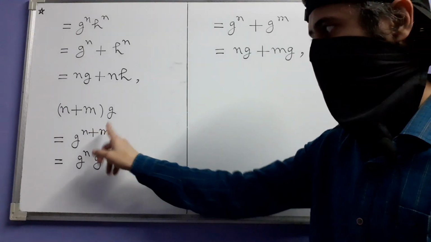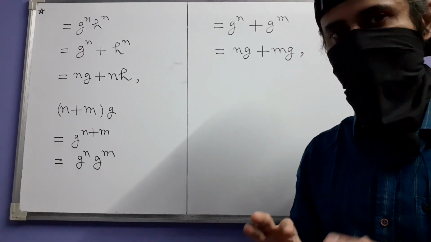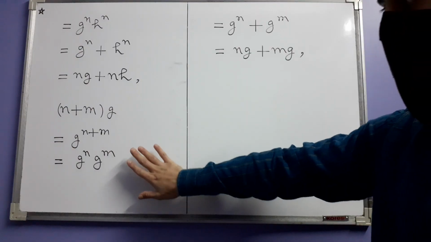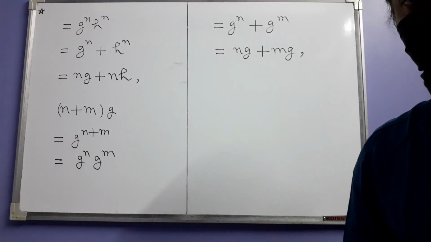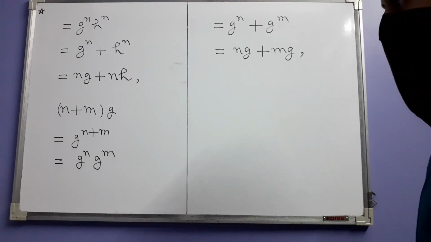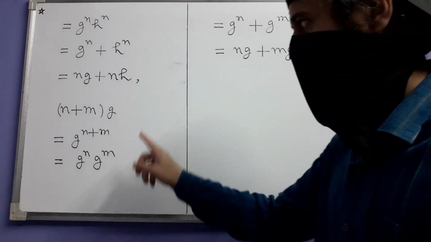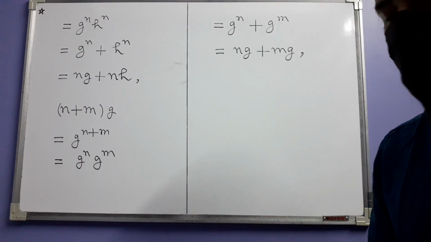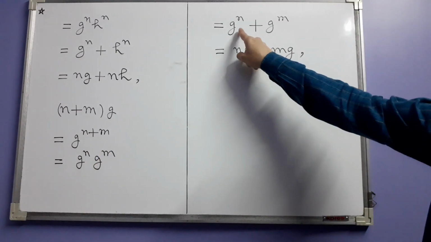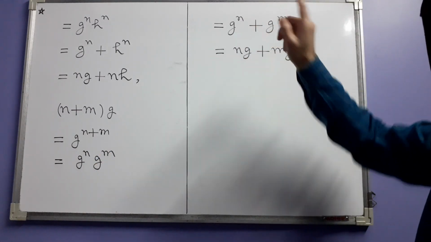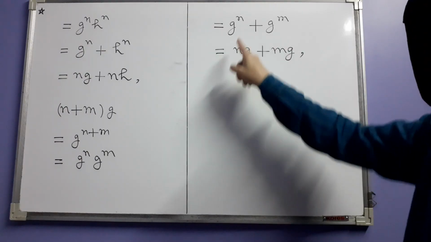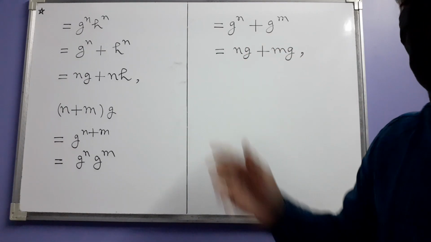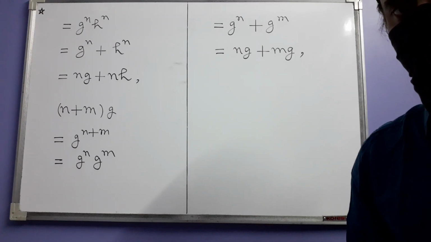Regardless of what n and m are, they may be positive, negative, anything can happen. Still this is true. You will find a proof of this in group theory, in the beginning itself. And now, because the group operation is also written plus, so this is really g to the power n plus g to the power m. And then this is ng and this is mg.